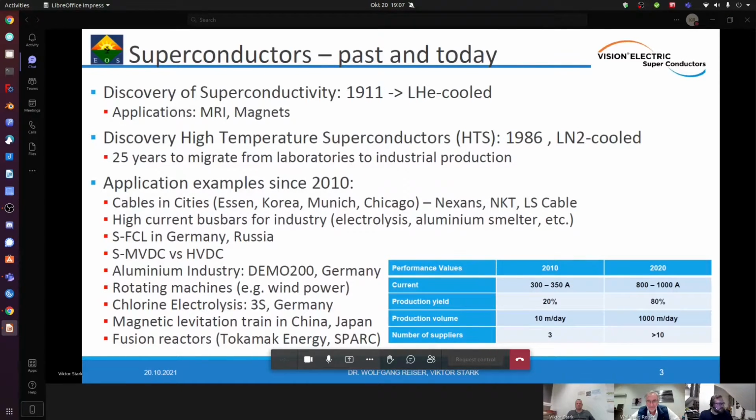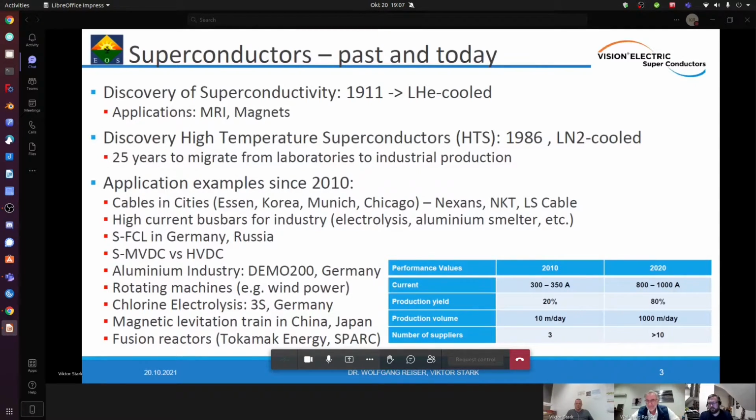Okay. So Victor, please explain to us a bit of the history and where we are at today with superconductors in production. Yes, if you look at this table here, we have a comparison between the superconducting performance of the tapes within the last 10 years.